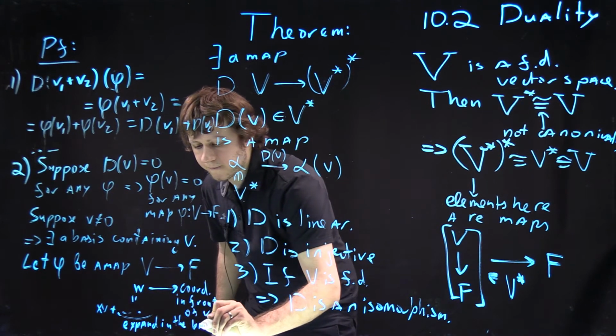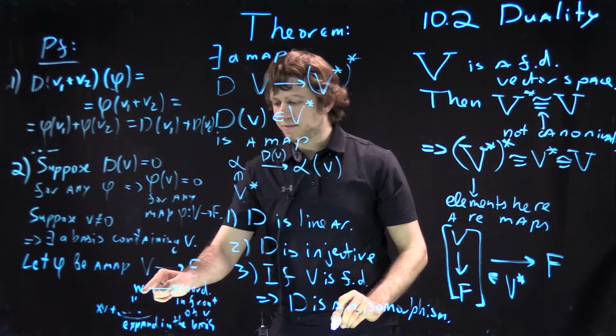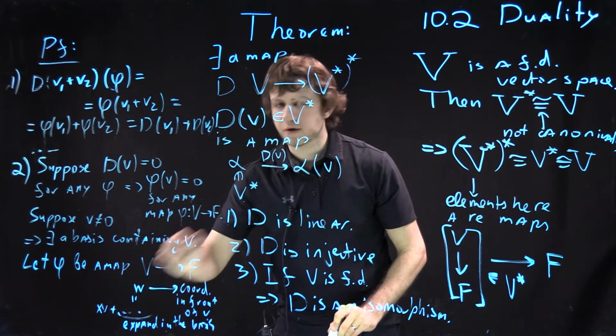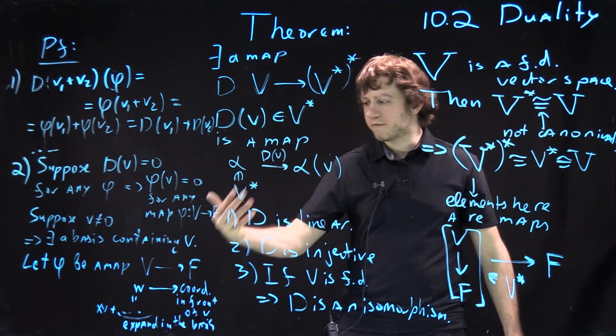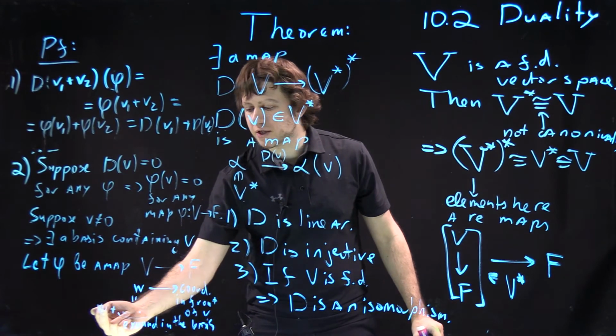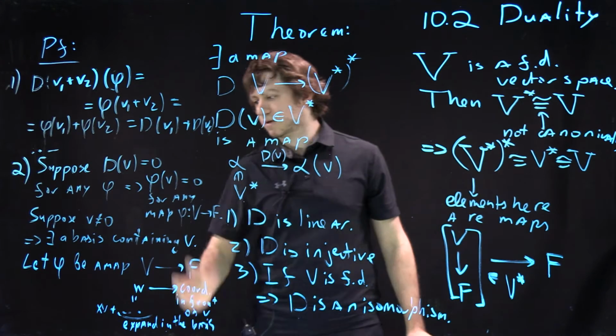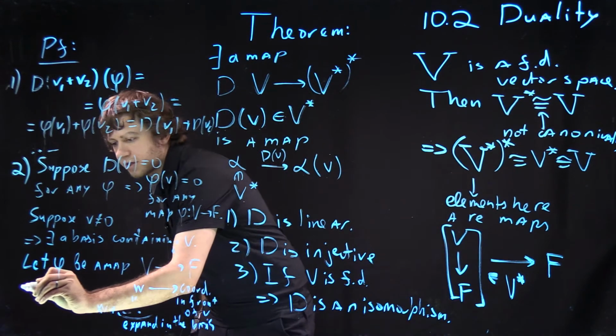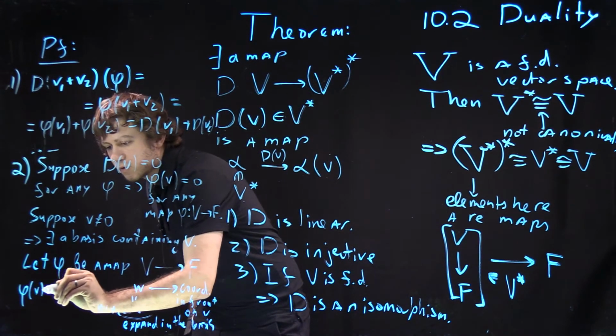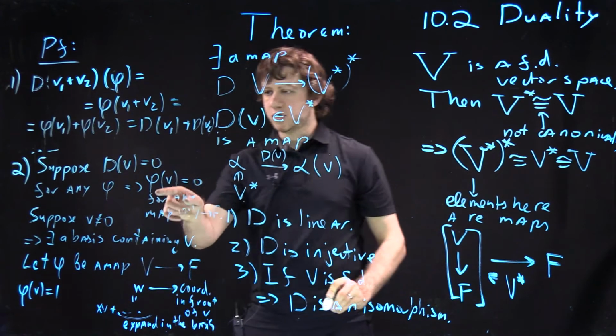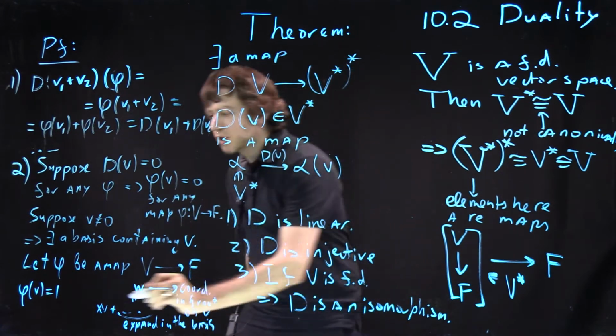And this map just sends w to this coordinate in front of v. And we know that for every vector w there exists a unique way to write it down, so this is a well-defined map, and this is linear, as we checked previously. And then of course phi of v equals 1, and we assumed that phi of v equals 0 for every phi, so we have a contradiction.